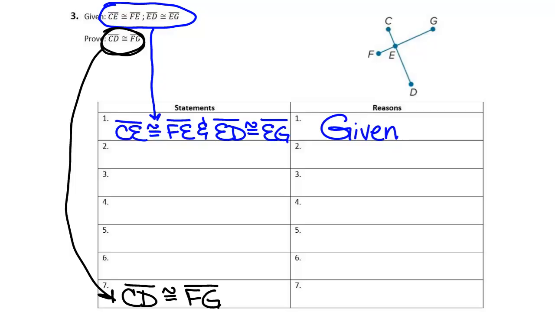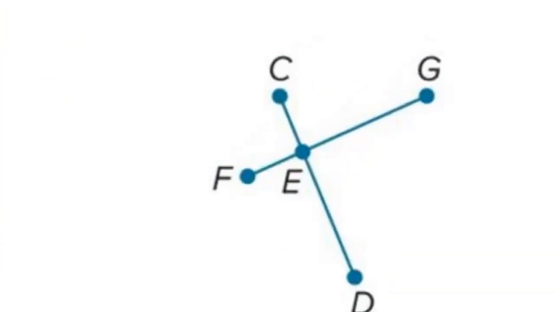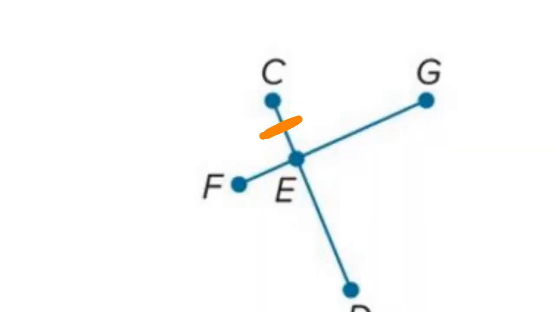All right, so let's look at what they've actually given us. We know that segment CE, this little segment right here, is congruent to segment FE right here. And then we also know that segment ED, this segment right here, is congruent to segment EG, this one right here.